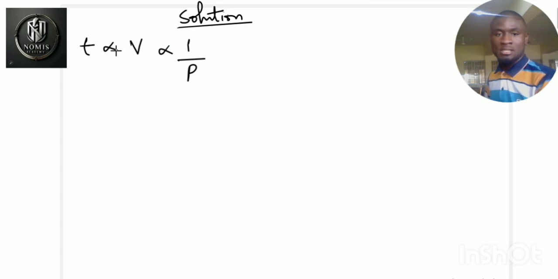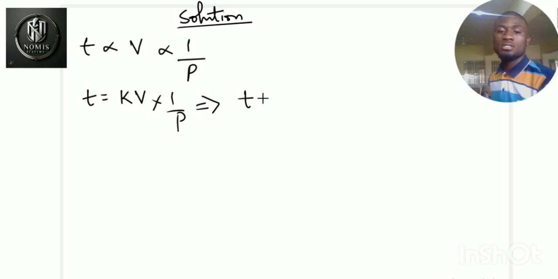So this is the interpretation of that statement, such that T is equal to K. Once you remove the sign of proportionality, you bring in your constant K multiplied by V, multiplied by 1 over P, and that gives us T equals KV all over P. So this is the relation connecting them.